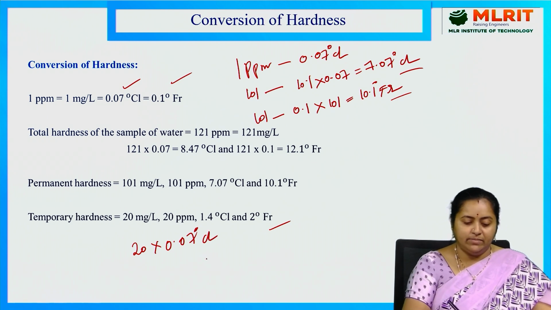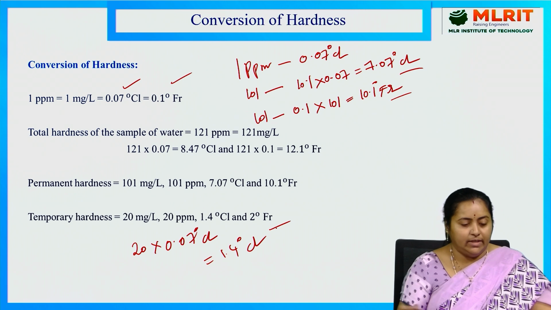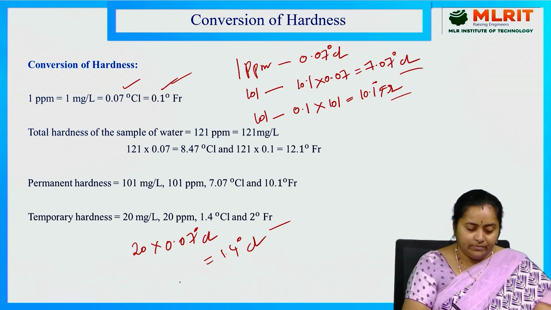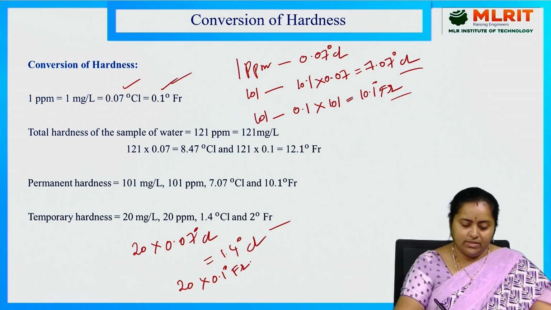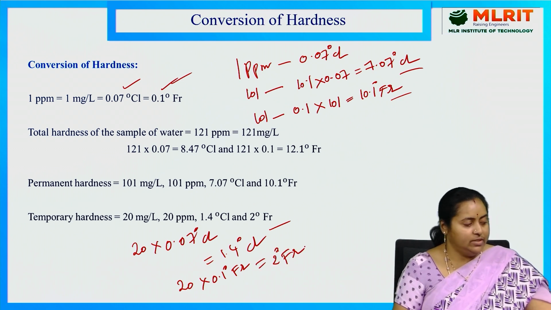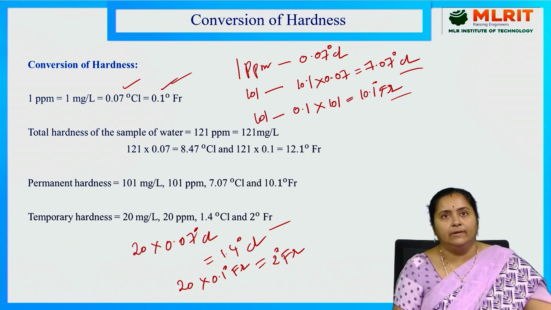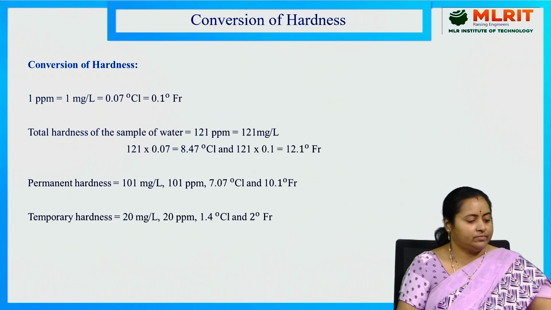So it becomes equal to 1.4 degree Clark. And then 20 into 0.1 is the conversion factor for degree French. So it is equal to 2 degree French. So in this way, we are going to convert all the units: we got the result in ppm and we converted to degree Clark and degree French.